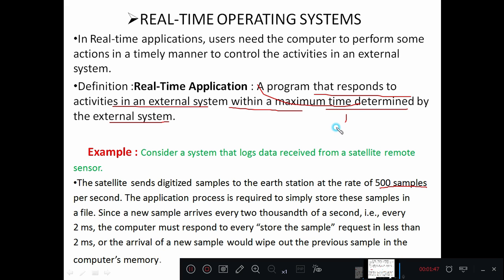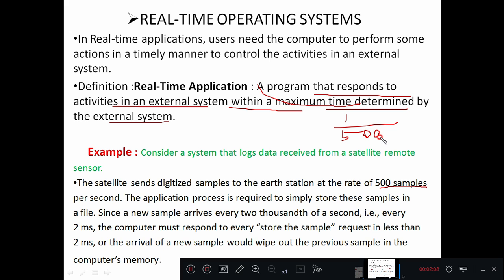1 upon 500, right? Because in 1 second it is collecting 500 samples, so one sample is collected in 2 milliseconds. So within that time limit, the ground station has to perform two things: it has to collect the data and store it in memory within 2 milliseconds.